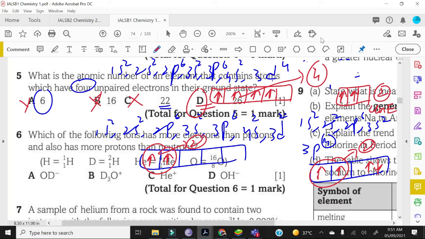Are we clear with this? Wait, sir. It should be 4s2, 3d4. So just 22. Yeah, and they're paired up. No, sir. But in D, it's 26, and if you add all these, you get 24. Pairing only happens in the subshell, not in the shells.